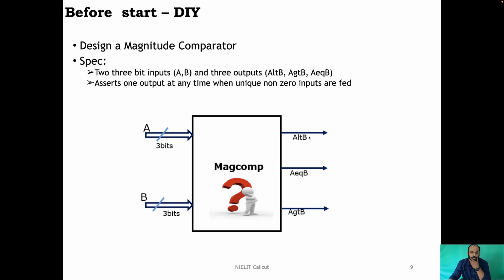Now if you are not using a hardware description language and are going for the schematic way of design entry, we will have to draw a truth table and list out all the combinations. There is a 3-bit A and a 3-bit B, so there will be a total of 6-bit input, giving 2 to the power of 6 combinations.